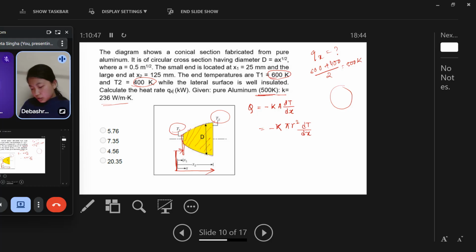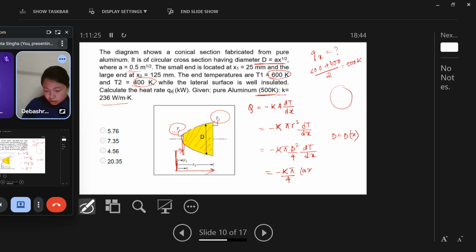But what is given? The diameter is given, right? So instead of r, you can write in terms of diameter also, minus k pi d square by 4 dt dx. Now this diameter is a function of x. And what is the function? D is equal to a x to the power half, and a is given as 0.5.